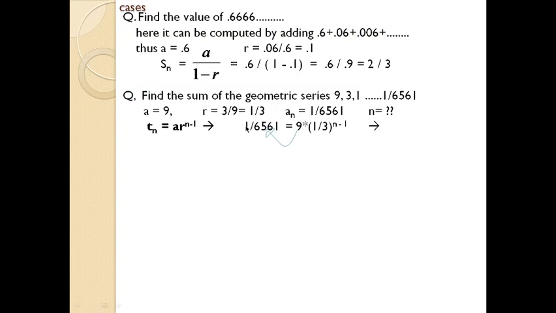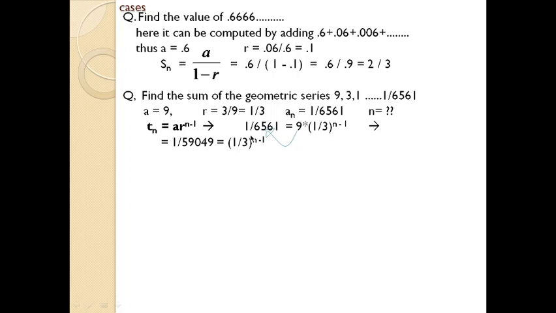Since here the equation is in the form of 1 by 6561 equal to 9 into 1 by 3 raised to N minus 1, let's multiply this with 1 by 9 and you will get 1 by 59049 equal to 1 by 3 raised to N minus 1.